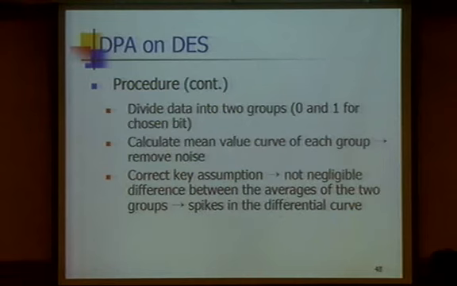And then he calculates the mean value curves of each group in order to remove the noise. And then he gets the difference between the averages of these two groups. If he can find some spike signals in the difference curve, that means his guess is correct.